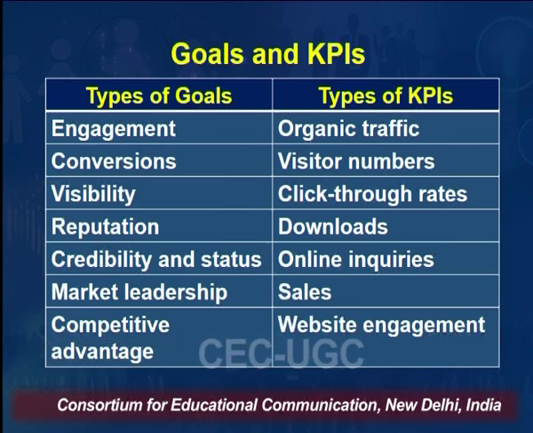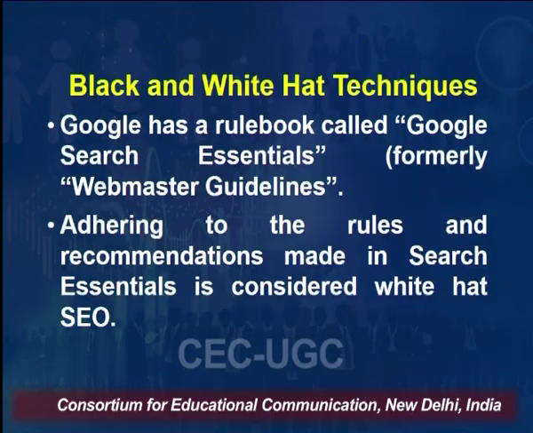If the goal is to really convert, then you can have the key performance indicators in the form of visitor numbers. So for different goals, you can analyze and track the performance, and not only performance but also assess the need for optimization based on key performance indicators related to each of the goals.